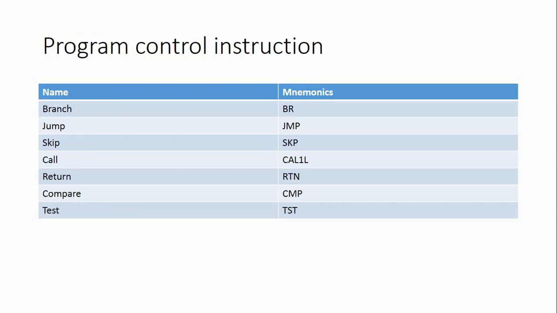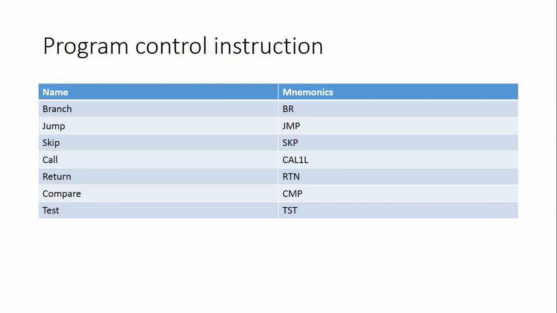Then comes program control instructions. The instructions in a program are stored in successive memory locations. The program counter PC register contains the address of the next instruction to be executed. At the beginning of the instruction cycle, the memory location pointed to by PC is read to fetch the instruction.